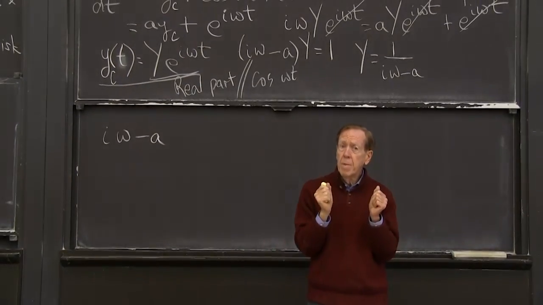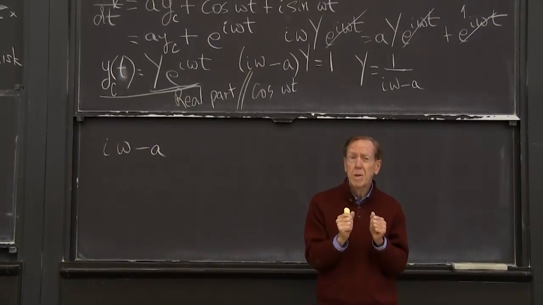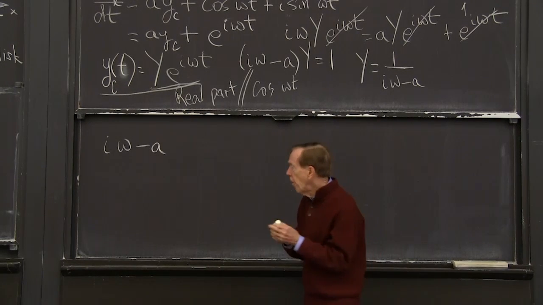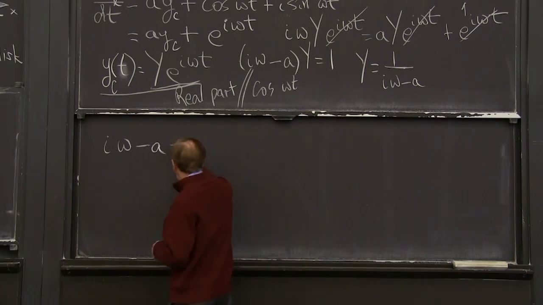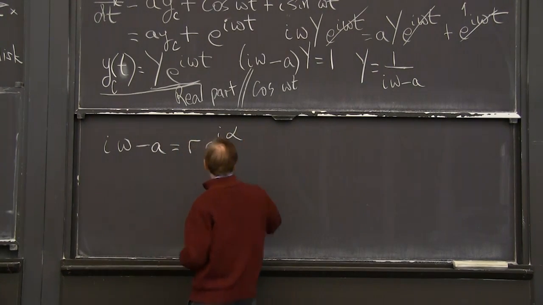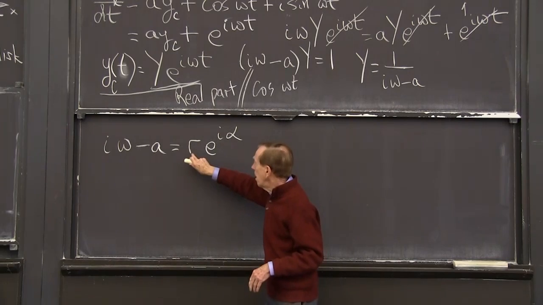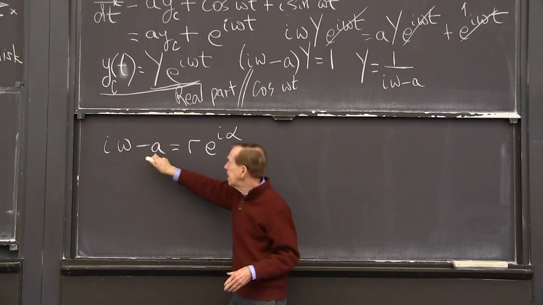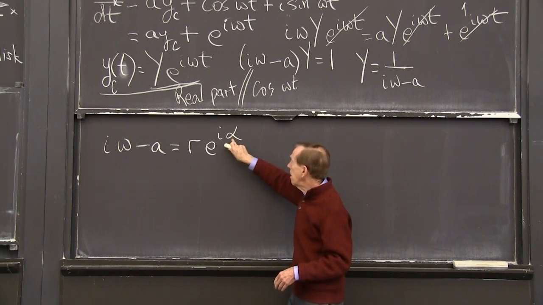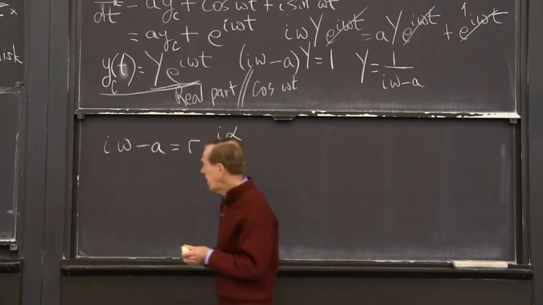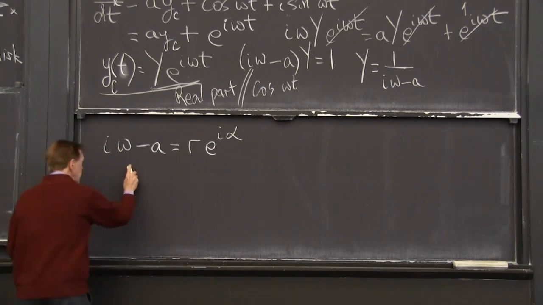And the form you want for complex numbers when you're going to multiply them is the polar form. I want to put this in the form R e to the i alpha. So a positive number, the magnitude of this, and the angle. So I have to draw the complex plane. I guess this is the first time in these lectures.